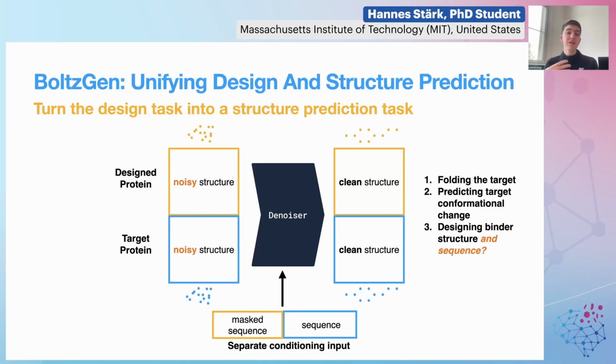And 3, we're still doing this joint design of simultaneously producing the structure and the sequence, because in the structure that we're producing here, the sequence is embedded, and this discrete diffusion, this discrete generation process, is embedded in the same continuous space that is used for the structure.